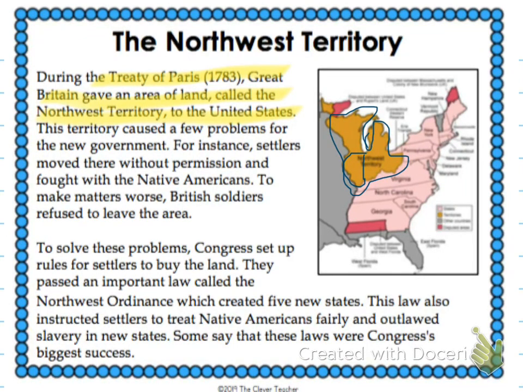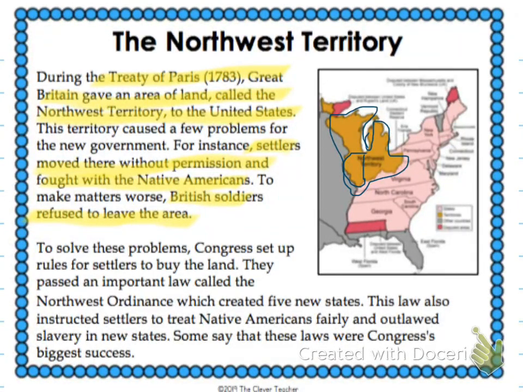And you know what? There were some problems. The settlers, they moved out there without permission, and they began to fight with the Indians. And to make matters worse, the British soldiers who were out there, they were like, I'm not leaving. Tough. I'm staying here, folks. The next paragraph.